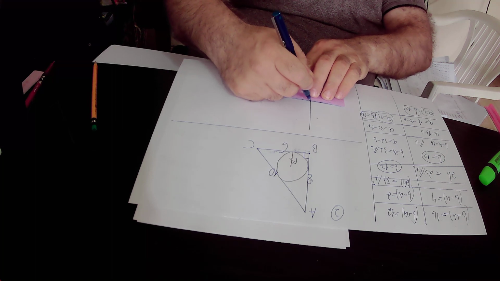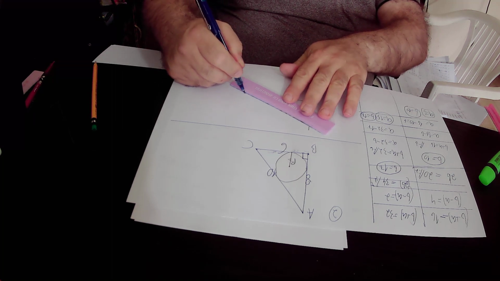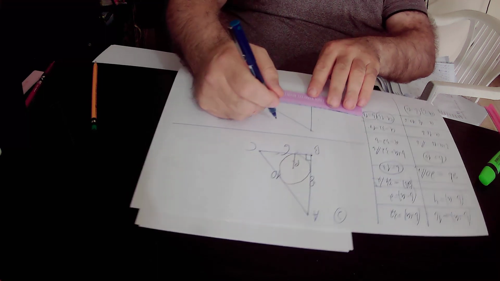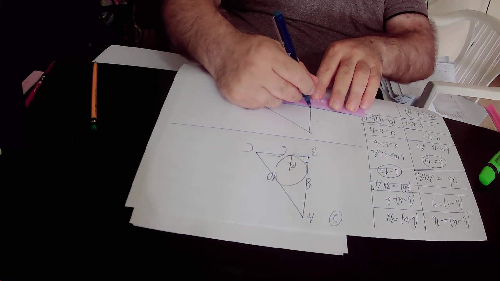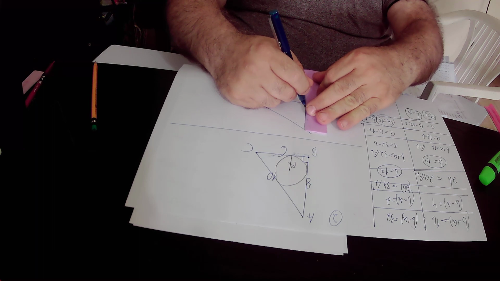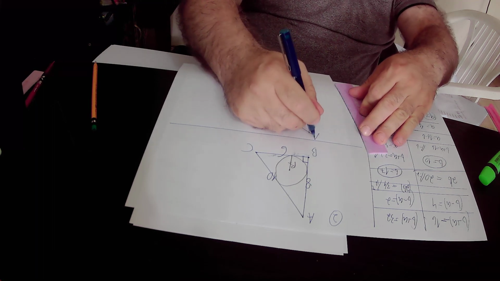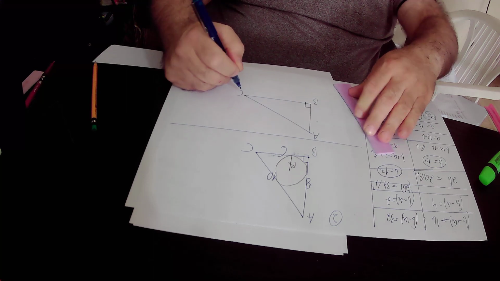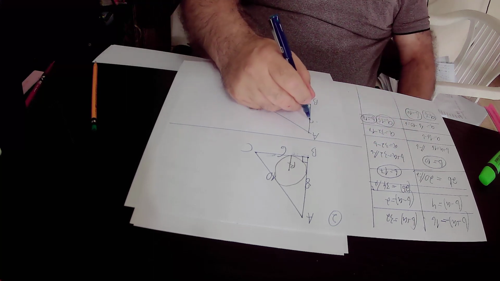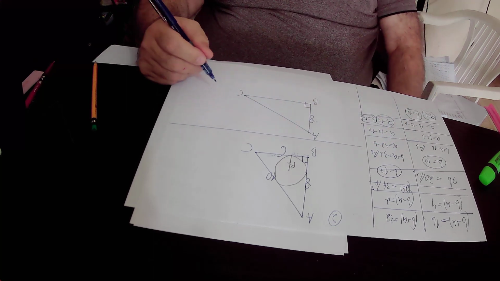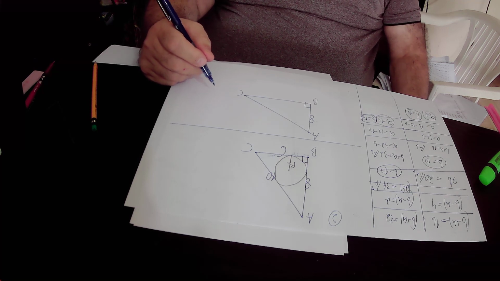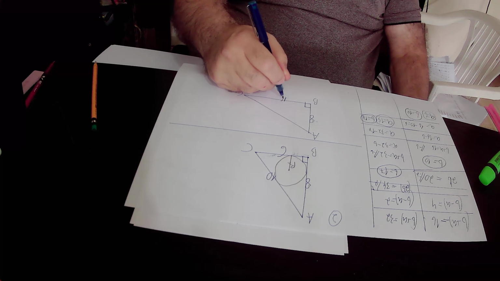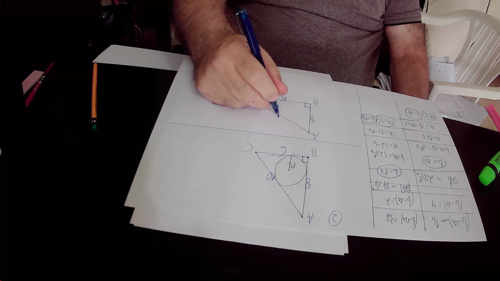Here we have the right triangle, triangle ABC. We know that AB equals 8 units, it is given in the question. We have already found out that BC equals 15 units and the hypotenuse AC equals 17 units.